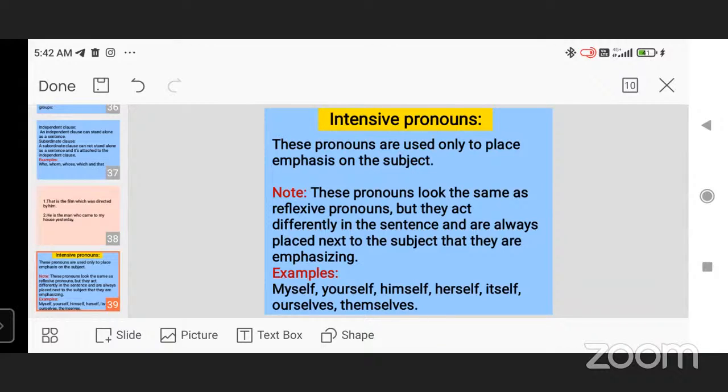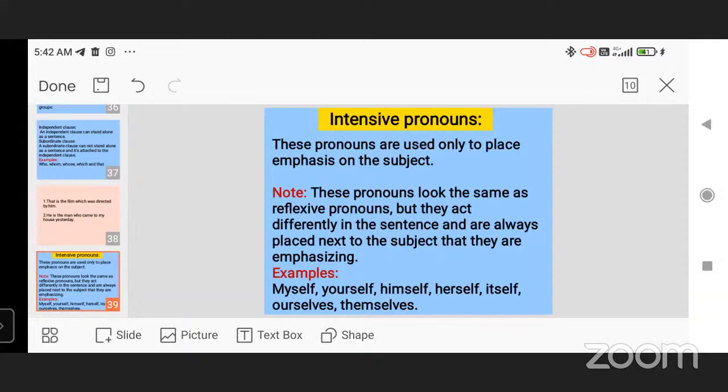So intensive pronoun, it is very simple. So see here, it is just saying by yourself. Okay, note, these pronouns look the same as a reflexive. For example, myself, yourself. For example, I myself did the homework. She herself has gone to her native place.